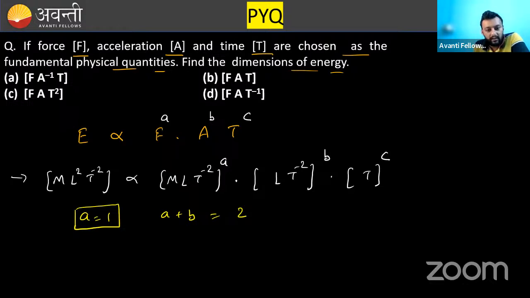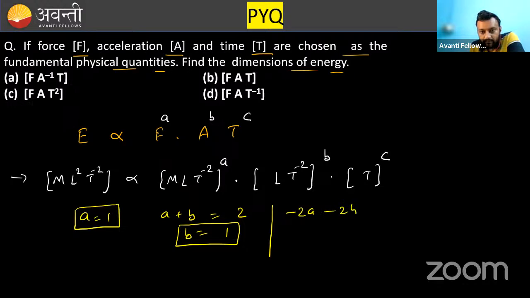Clear? So B is also going to be 1, because A is 1. Next, comparing the power of T: T has a power minus 2A in the first term, minus 2B in the second term, plus C, equal to minus 2, since the power of T on the left is minus 2.